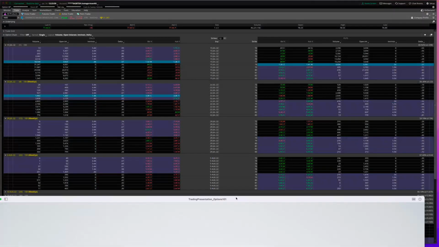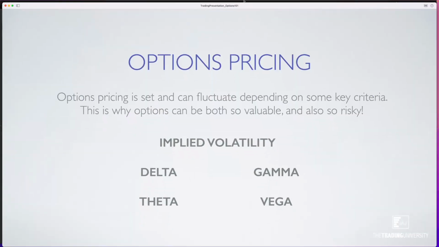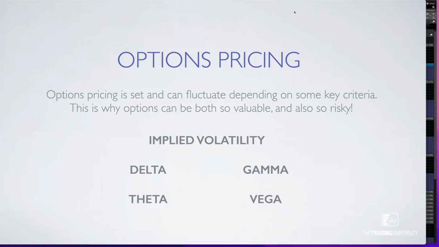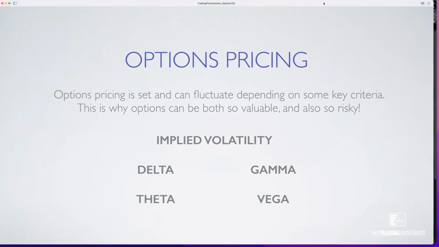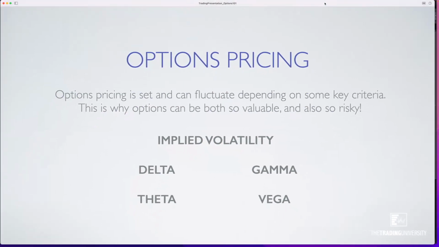So how is options pricing created? Sorry, I keep going up and down on this. How is options pricing created? Option pricing is set and can fluctuate depending on some key criteria, which is why options can be both so valuable and also so risky.